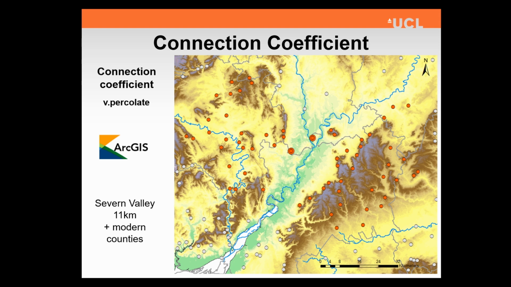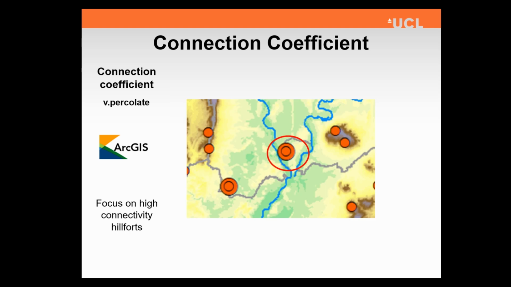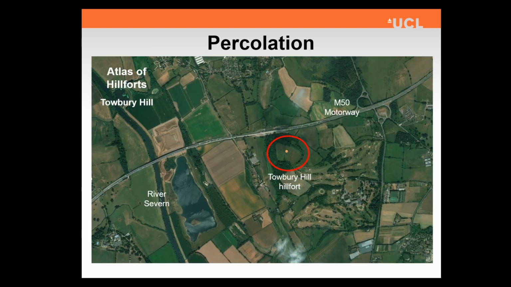Something interesting is potentially going on here. If we zoom in on this particular site in a little more detail, we can see that it is lying between the confluence of two rivers, which is quite interesting because that county boundary is actually including this peninsula.